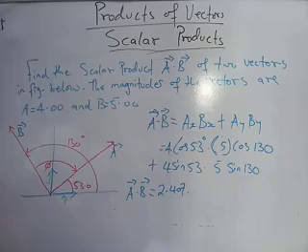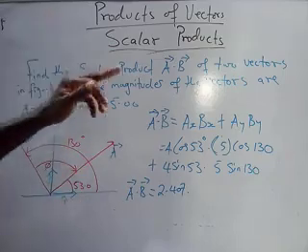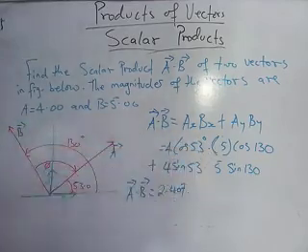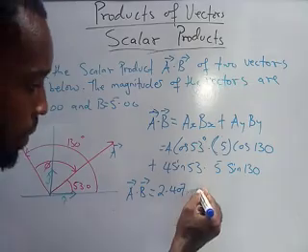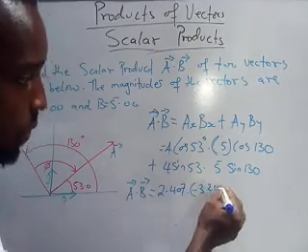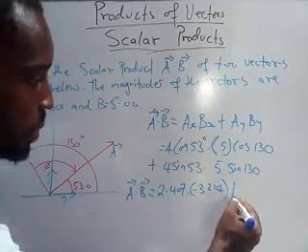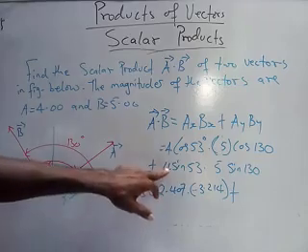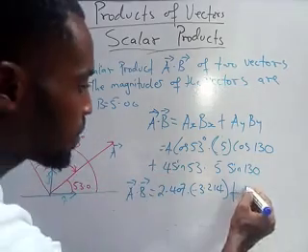I've already solved it. 5 cos 130 will give you minus, I got minus 3.214, plus 4 sine 53 gives us 3.195.